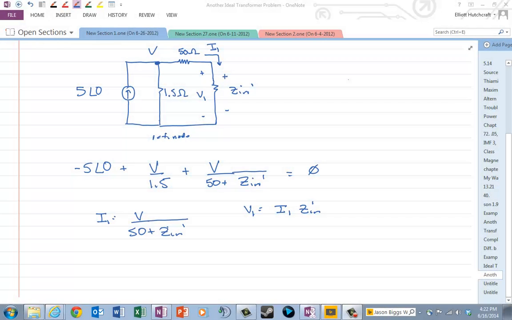Okay, up earlier in the problem I talked about the current here being this 5 angle 0, and I talked about it being in peak.